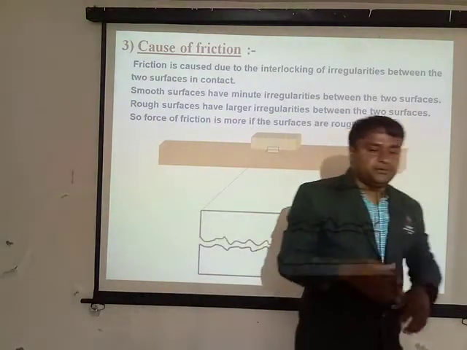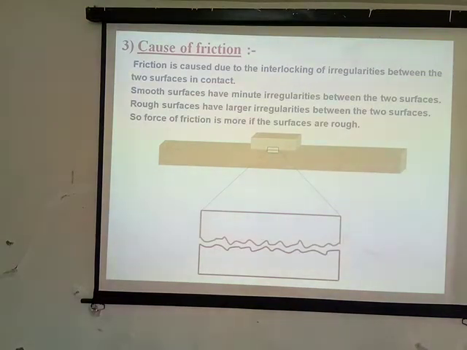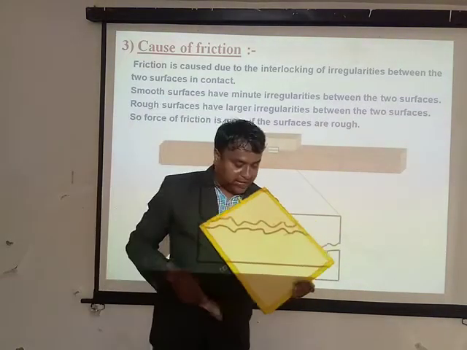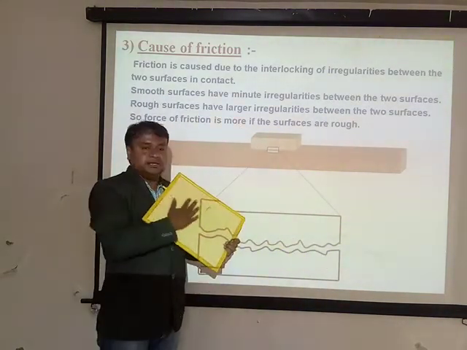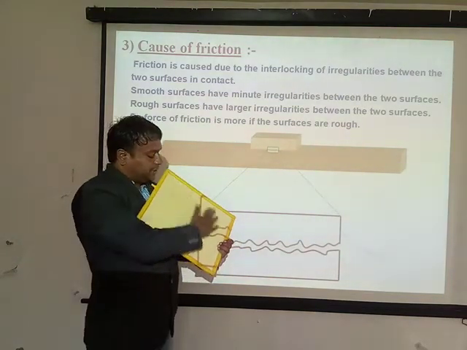For example, over here we can see these two objects in my hand, and if I feel its smoothness, it has fewer irregularities on the surface.